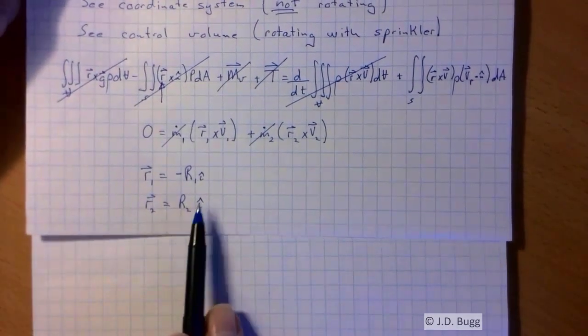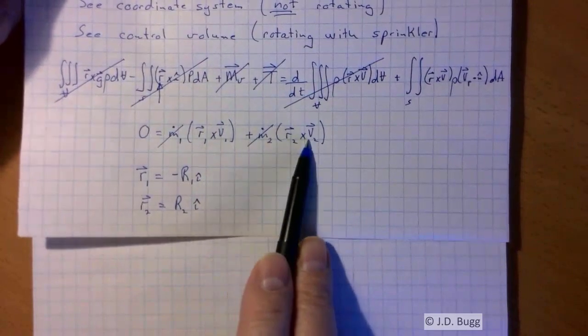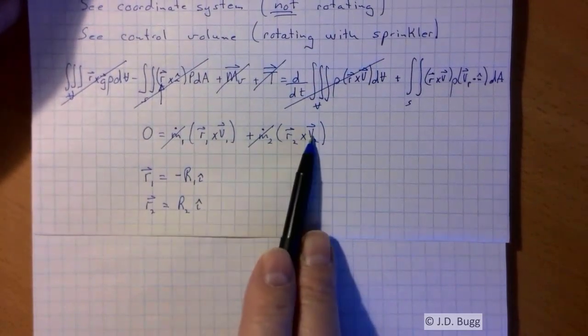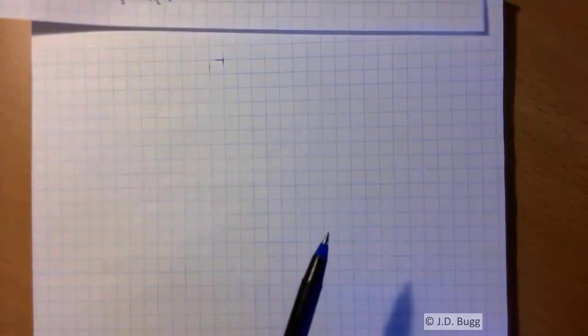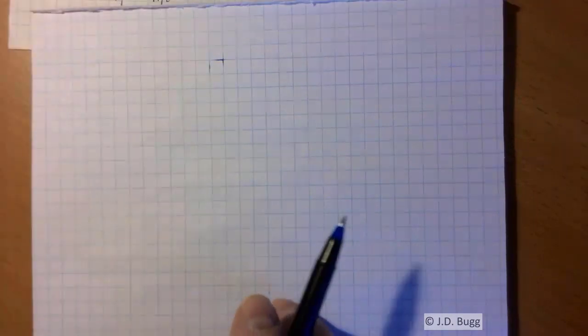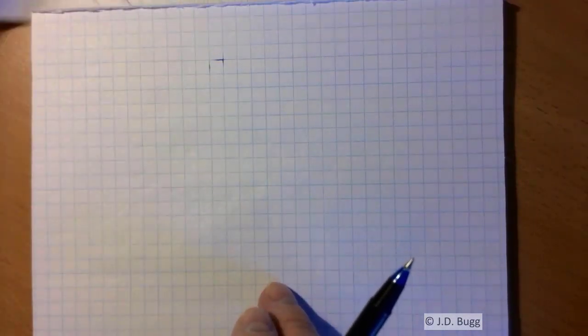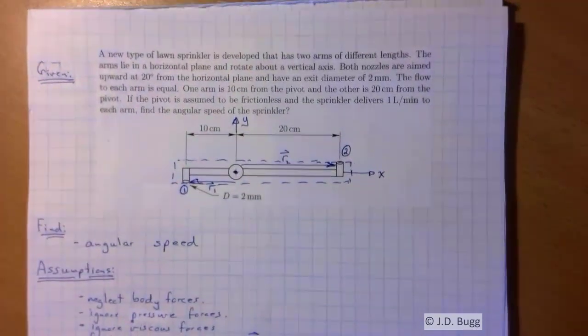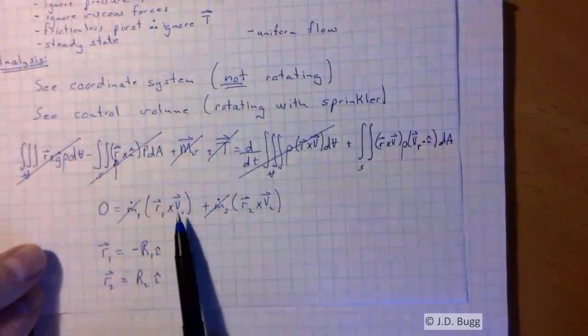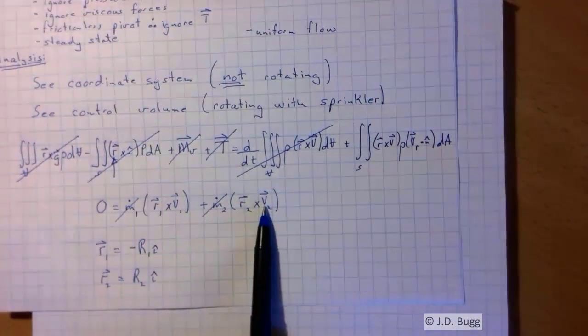Next thing we need to look at are these two velocity vectors. And here's where we need to be really careful to get these velocity vectors correct. Well, first thing I want to do is go back and take a look at our diagram. And remember, these velocity vectors, key thing about them, they have to be written down relative to the coordinate system, okay?